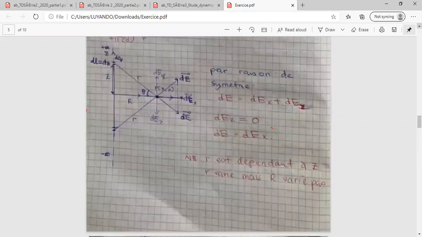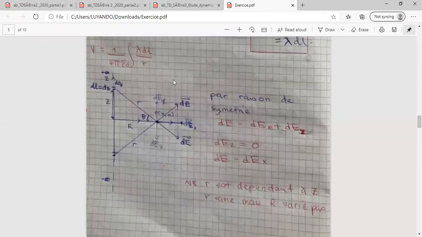Our u is in this direction. So we said our direction from O to M is in this direction. Just a moment.